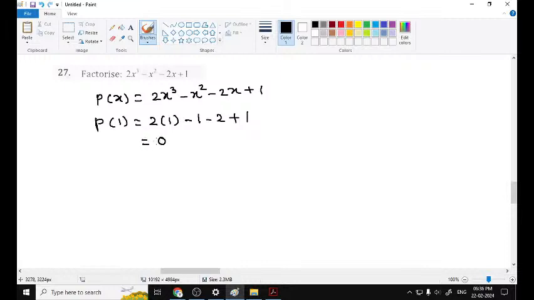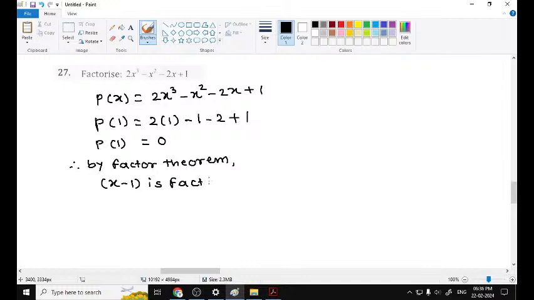So p of 1 is 0. Therefore, by factor theorem, the zero is 1, so the factor x minus 1 is the first factor of px.